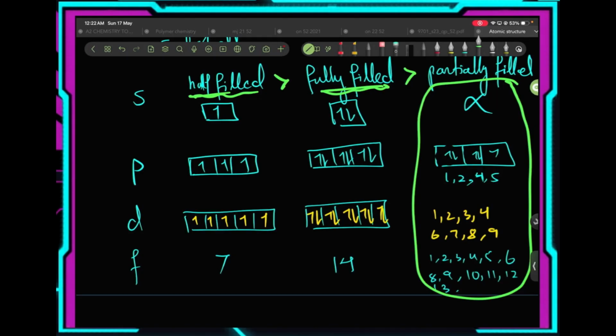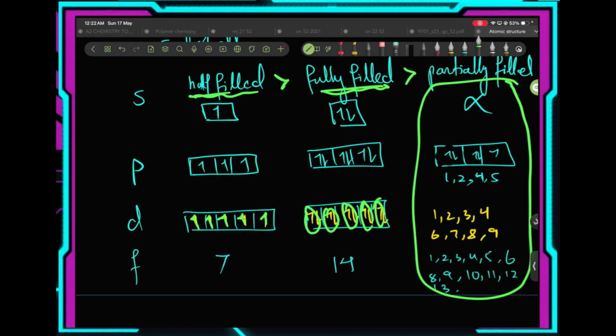Half-filled would still be more stable than fully filled because it has unpaired electrons, right? So there is minimum repulsion between electrons, since they occupy their own orbitals singly. They're not paired with any other electrons, so they don't face that much repulsion compared to the fully filled orbital, which faces repulsion in each case.